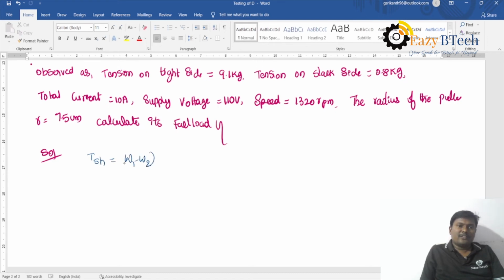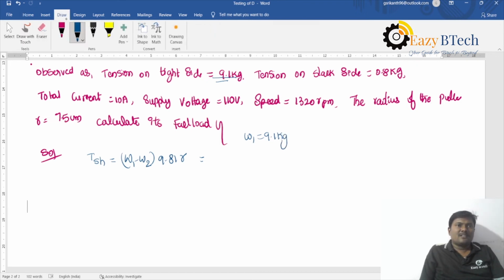The solution for this one. Torque can be calculated as (W1 minus W2) or (S1 minus S2) into 9.81 into R. The spring balance readings: W1 is 9.1 kg and W2 is 0.8 kg.